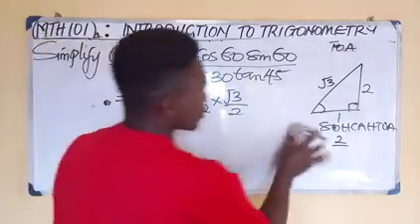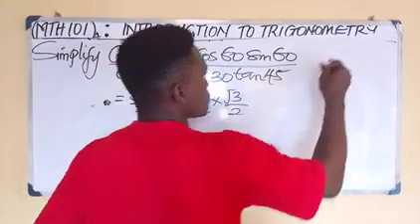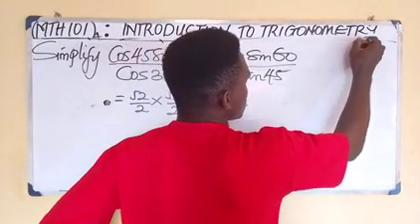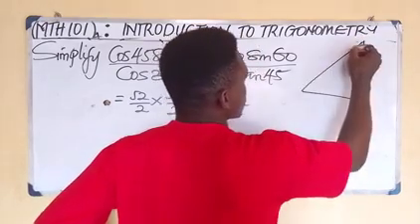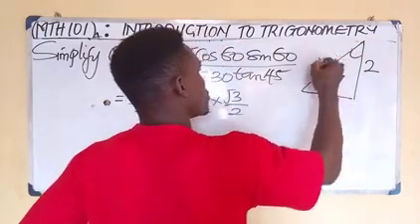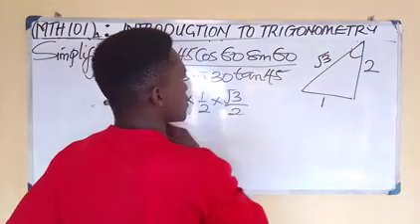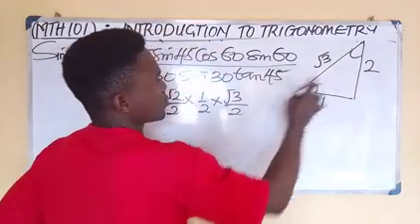Let me do it all over again, please. I would have written it out before. So I have this: here was 2, 1, we got root 3. That is 30, then 60.